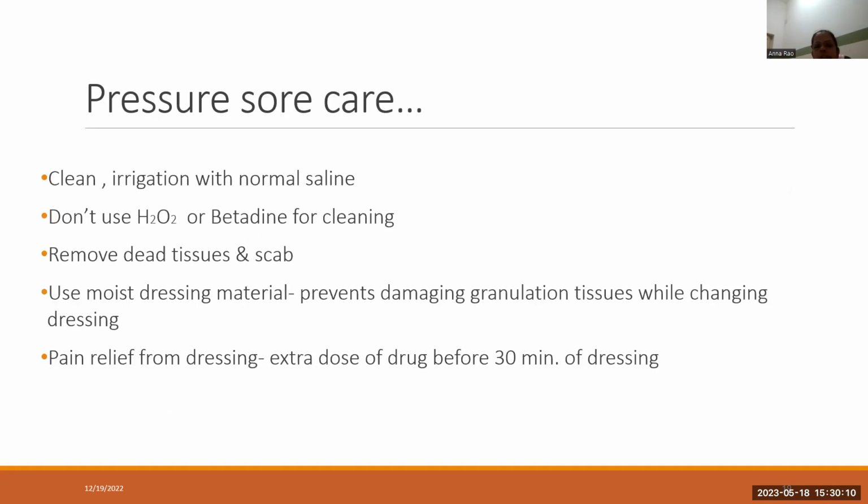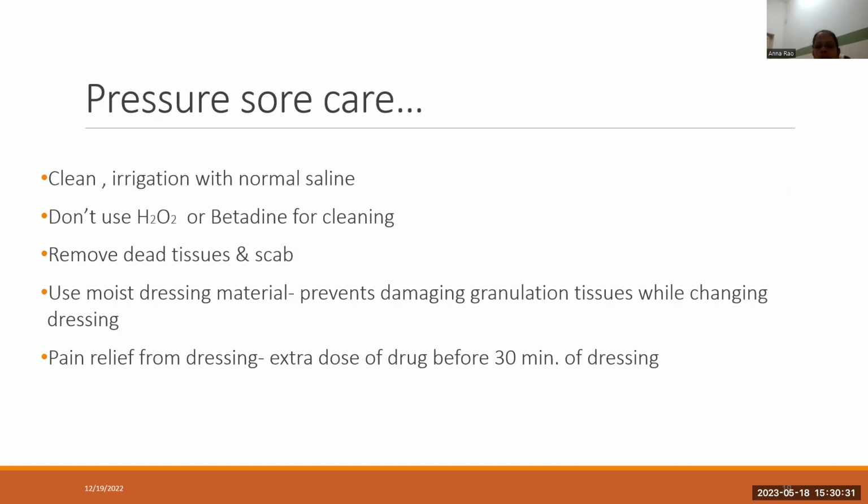So how to clean the wound? At home, we can use normal saline. Of course, in the hospital also, it is best to irrigate the wound with the help of normal saline, and not to use hydrogen peroxide or betadine for cleaning, because they do more harm than good.